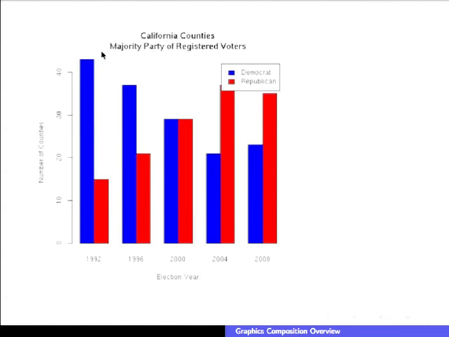Number of counties, so perhaps Democrat counties are a lot bigger and therefore have more Democrat voters. This is not counting voters, which is something that makes sense that you would want to count. This is counting counties. And so if a county has a majority of Republicans in it, then it's going to be a red county. And you said that maybe some counties where the Republicans have the majority have less population.